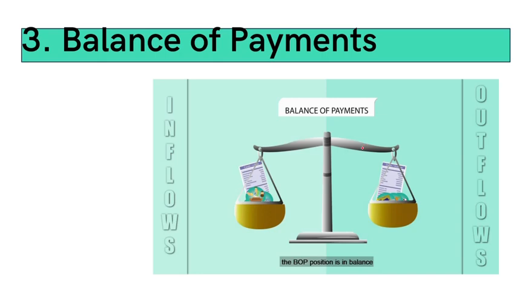Because of these foreign visitors, there is a balance of payments, because foreign tourists will also bring their own money. They have their own currency, and they will exchange it into our local currency. So there will be a balance of payments. That is for number 3.